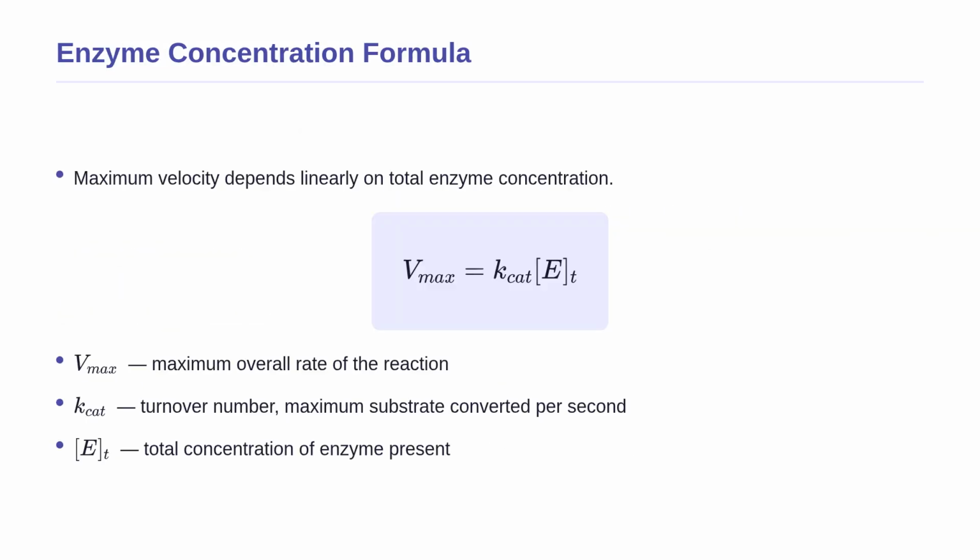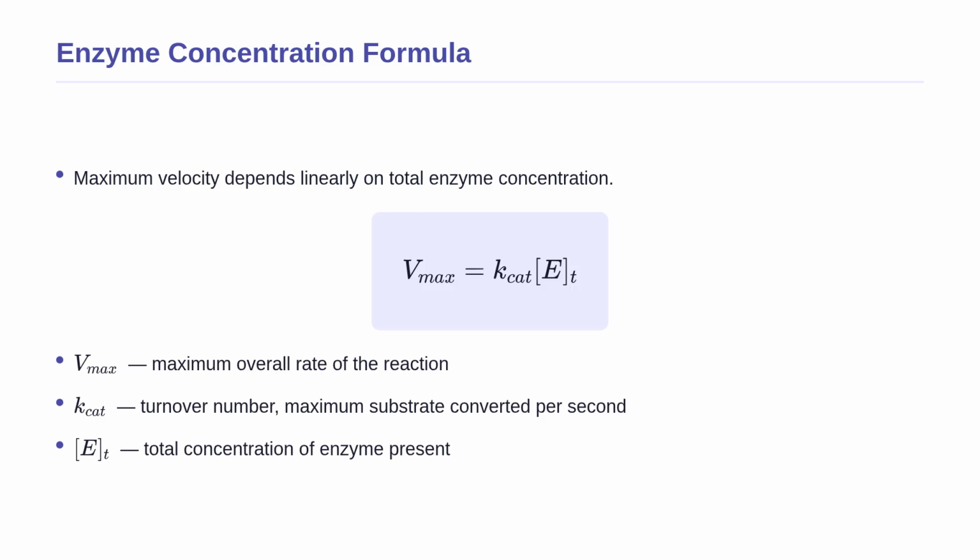This brings us to another crucial mathematical relationship, the concentration of the enzyme itself. If we want to know the absolute maximum speed of our reaction, we must consider how many enzyme molecules are present and how fast each one works. The formula is beautifully simple.